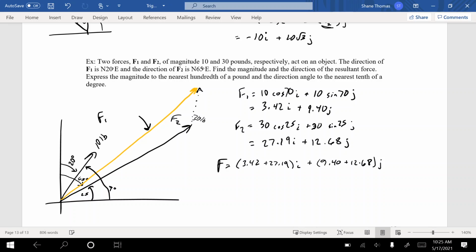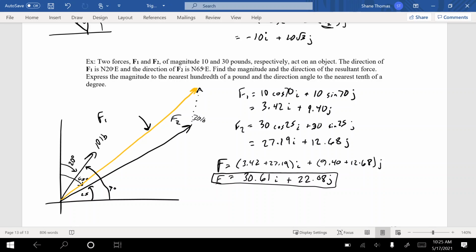Okay, combine them. I'm going to have 30.61I plus 22.08J. That there would be my vector. That would be the vector that's in yellow there.